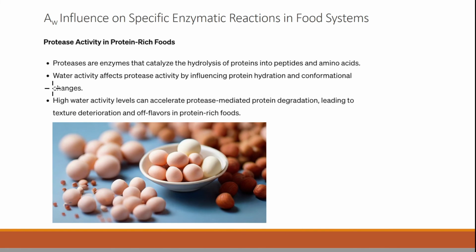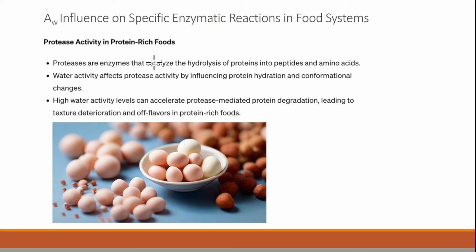The last one, water activity also influences enzymes such as protease, which catalyzes the hydrolysis of protein such as eggs, a lot of protein, into its peptide components. Peptide here refers to basically a smaller chain of amino acids, and an amino acid is a single molecule.